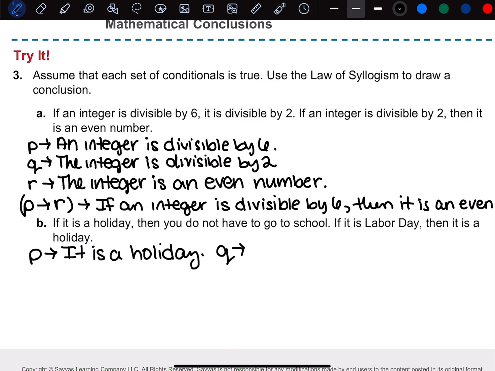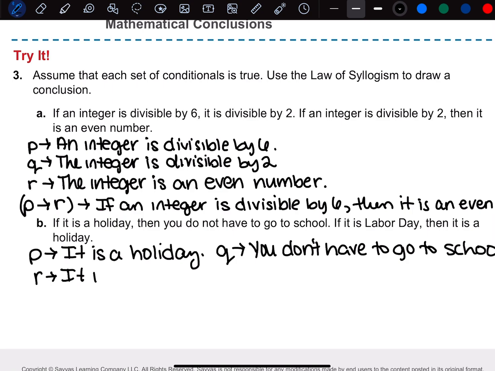Q would be, you do not have to go to school. And our R, it is Labor Day.